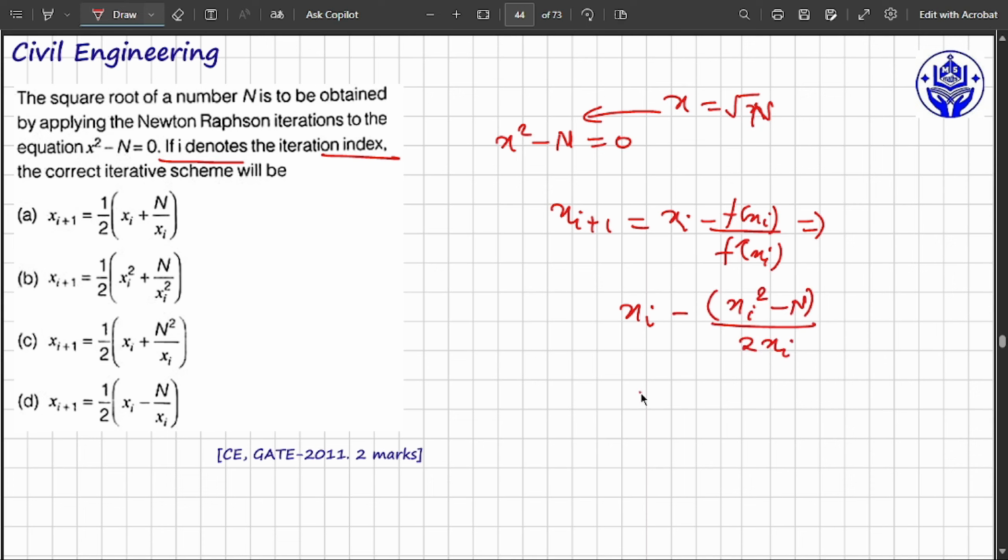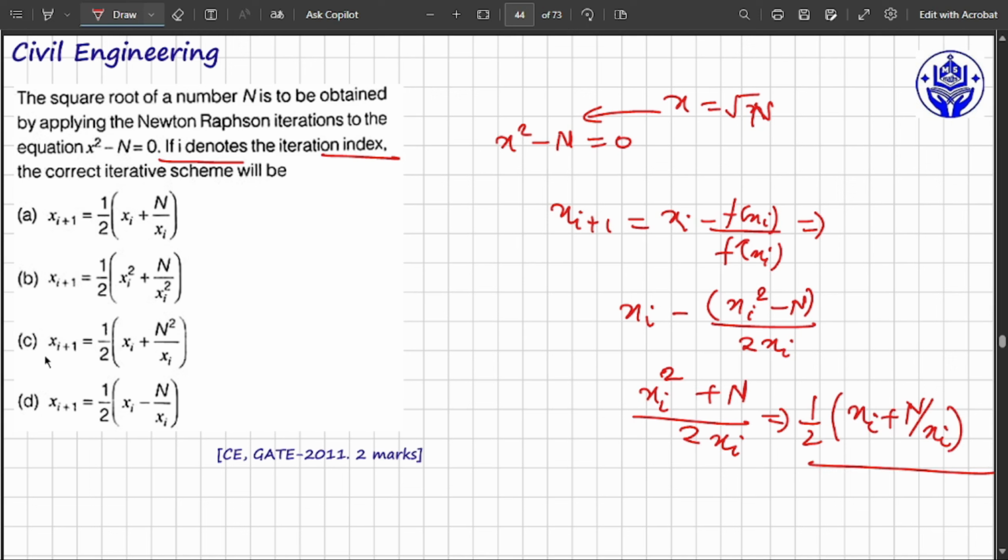So it will be 2xi square minus xi square, which is xi square plus n, divided by 2xi. So it will be 1 by 2 times (xi plus n divided by xi). So the correct answer is A.